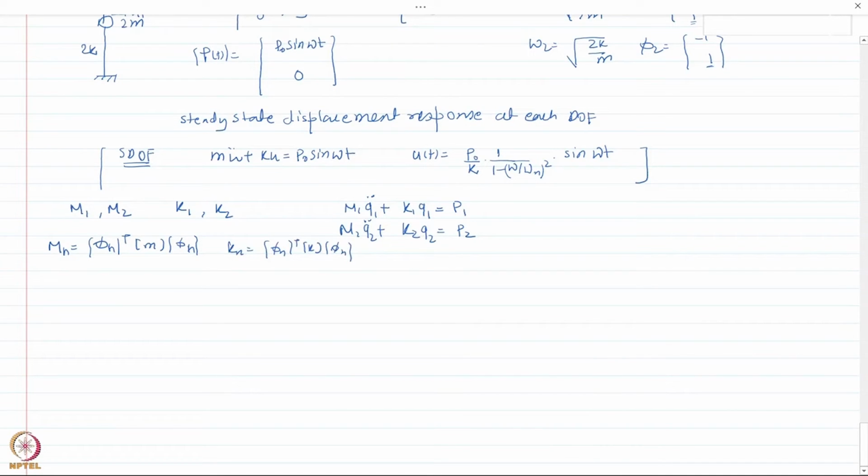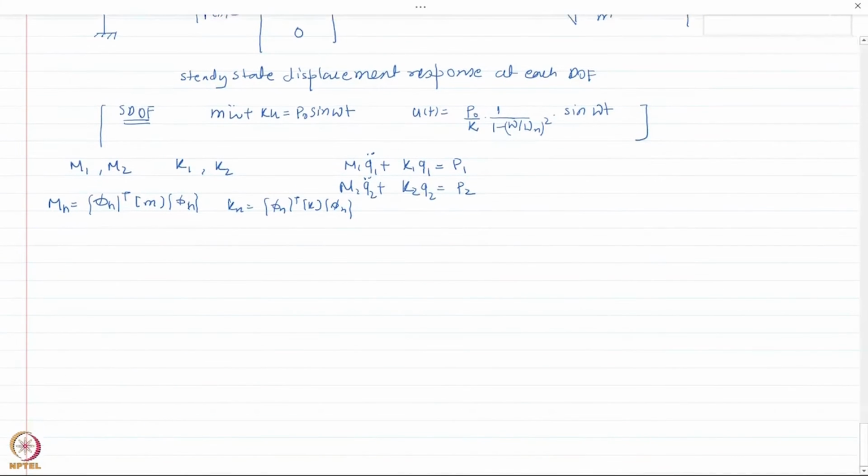We can substitute for 1 and 2, and we get the normalized masses and stiffnesses as m1 equal to 3m by 2, m2 equal to 3m, k1 equal to 3k by 4, and k2 equal to 6k. You can do that matrix multiplication and check whether these are correct or not.